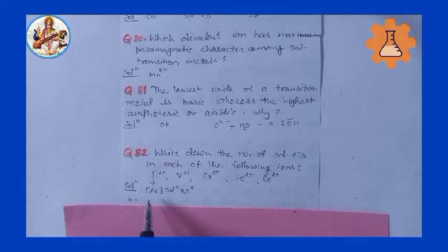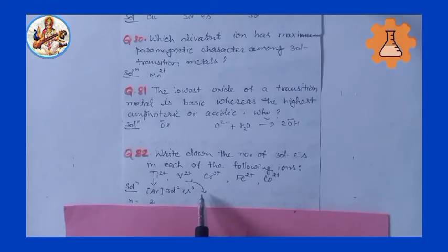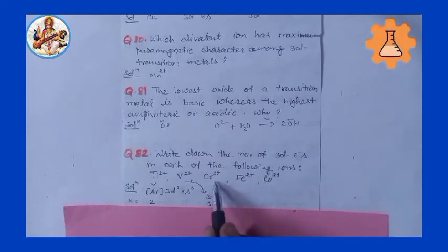Thus, the number of unpaired electrons is 2. The electronic configuration of the vanadium 2+ ion is 3d3 4s0. Thus, the number of unpaired electrons is 3.